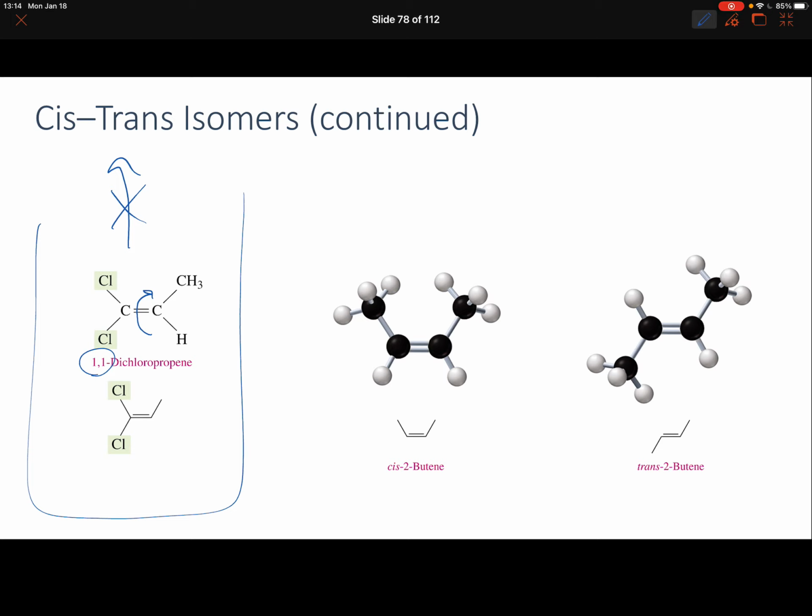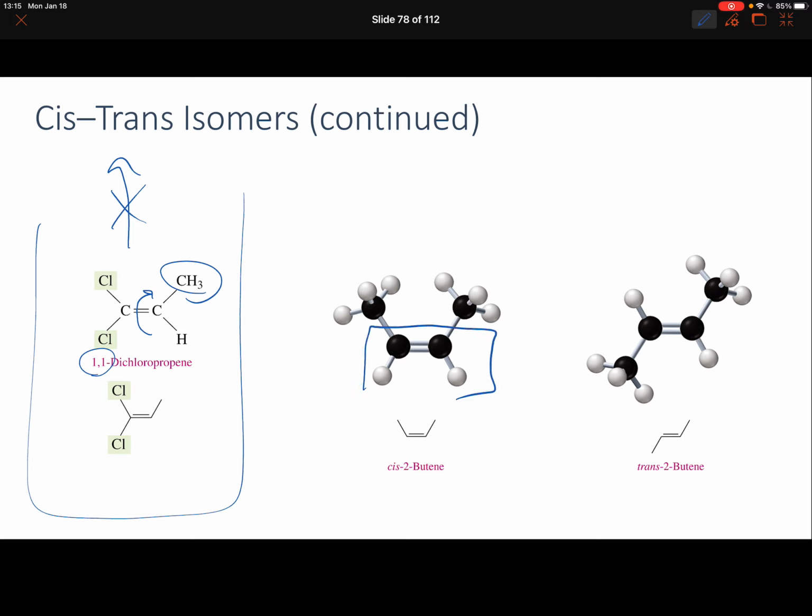Even if we rotate this so that the CH3 was down, the Cls would still be on the same side. So the only time we care about cis and trans is when the groups on the carbon atoms in the double bond are not both on the same carbon.